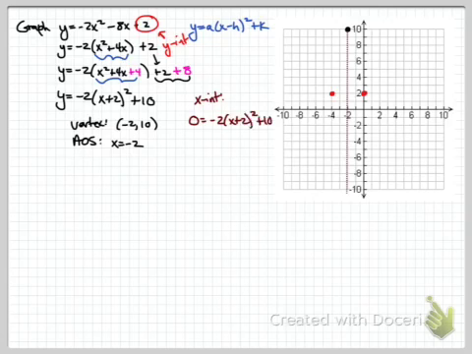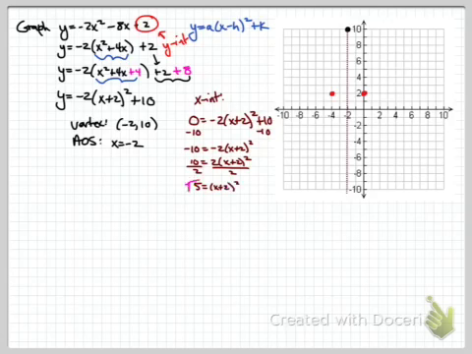Alright, so we've got our equation all set up. Let's do it. So if I subtract 2, we got -10 equals -2 times (x plus 2) quantity squared. I'm going to multiply both sides of this equation by -1. I'm going to divide both sides by 2 now. 5 equals (x plus 2) quantity squared.